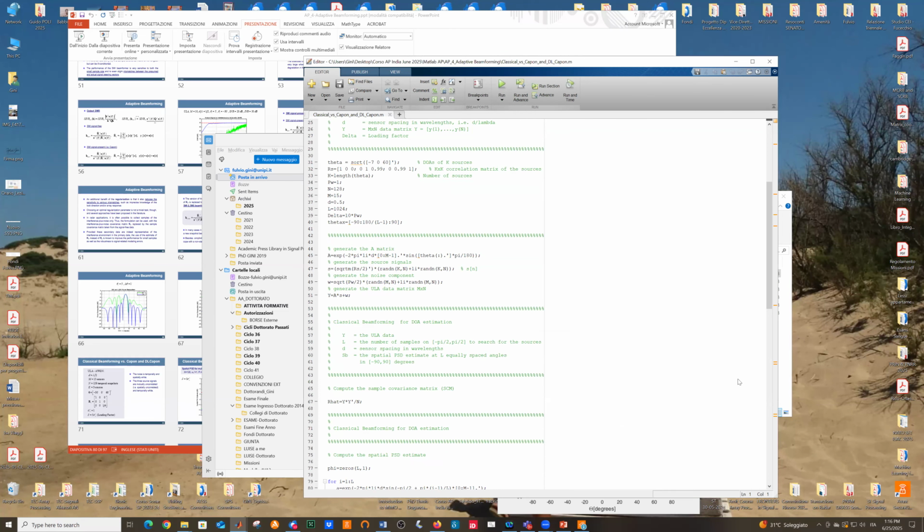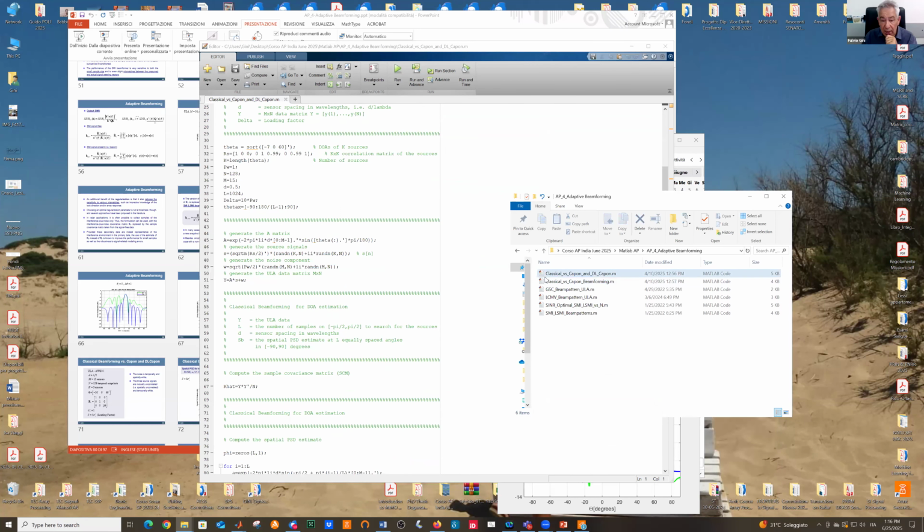We received it. Okay, so the last figures that I showed have been obtained by using the file called classical versus capon and diagonal loading capon. The others have been obtained by running the file classical versus capon beamforming.